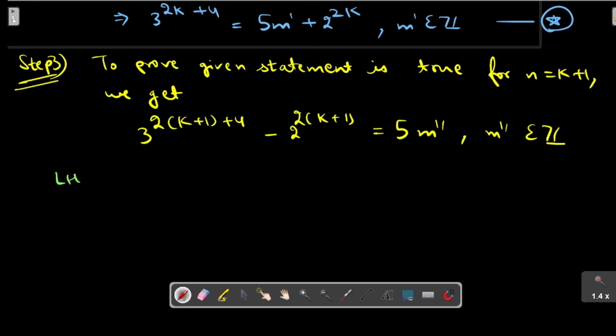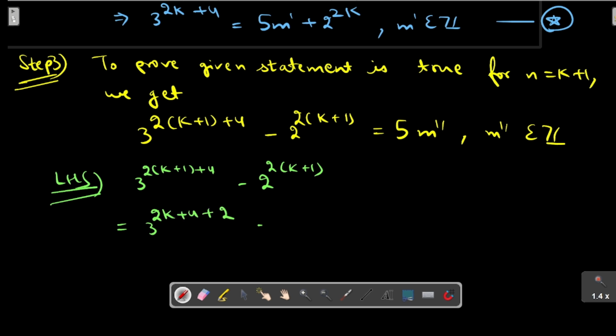Now let's consider the LHS. 3 to the power of 2(k plus 1) plus 4 minus 2 to the power of 2(k plus 1). So let's just handle it first. 3 to the power of 2k plus 4 plus 2 minus 2 to the power of 2k plus 2.